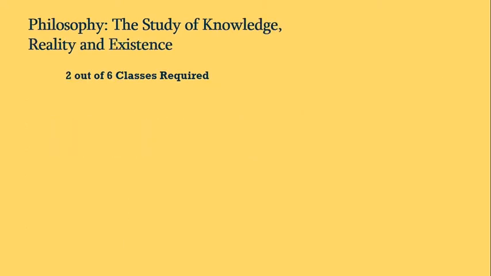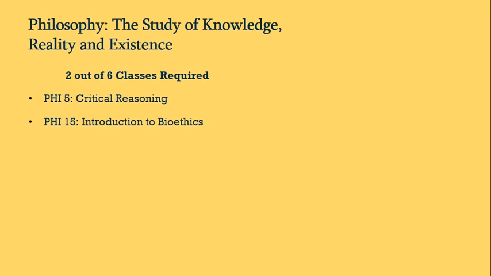The next set of courses are from philosophy. Please remember that of the 6 classes, you are required to take 2 for the major. The first one is Philosophy 5, which covers criteria of good reasoning in everyday life, fallacies in reasoning, and principles of scientific investigation. The next class is Philosophy 15. It is a good class if you are looking into a health-related field as a career.